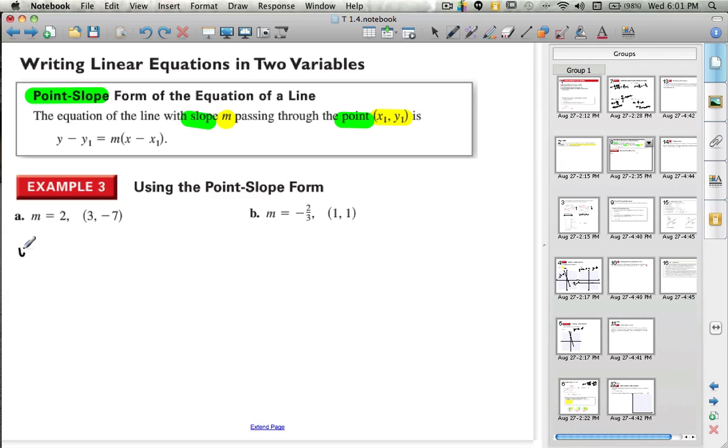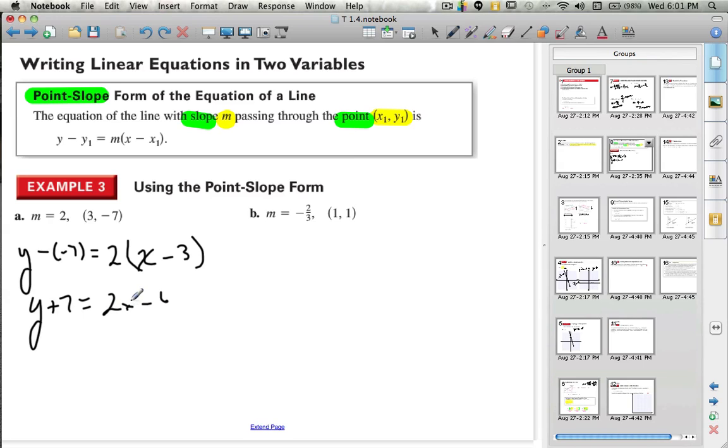Y is simply y, because I'm going to have y equals mx plus b, but the y sub 1, that's the y from the point. My slope is 2, and I'll have x is x, and the x sub 1 is the x from the point. Right? So when I simplify this, I'll get y plus 7 is equal to 2x minus 6. And when I subtract 7 from either side, y is equal to 2x minus 13. And that's my linear equation.